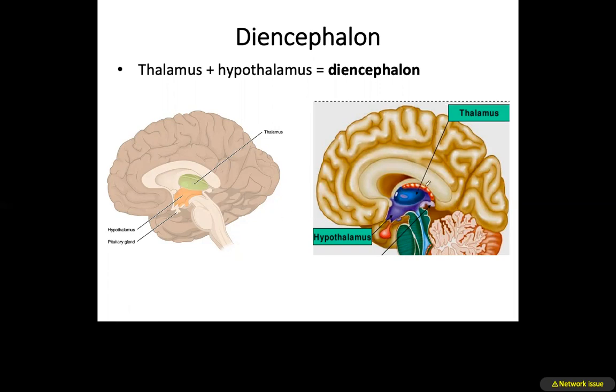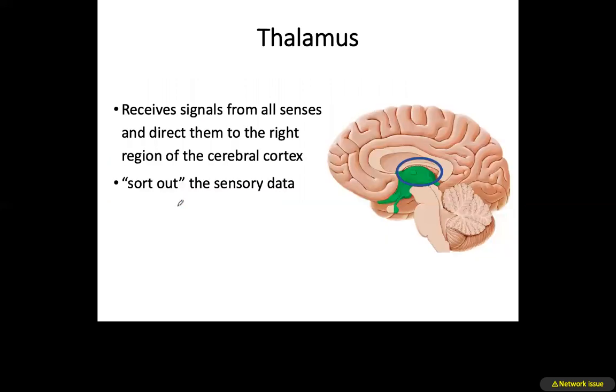So thalamus is the oval-shaped structure we have here, and hypothalamus sits right below that. I kind of look at it as the head of the bird and the beak of the bird. And then hanging from that, you have the pituitary gland, which is depicted right here, and again here in this picture right here. Now, combination of the thalamus and hypothalamus together is known as the diencephalon.